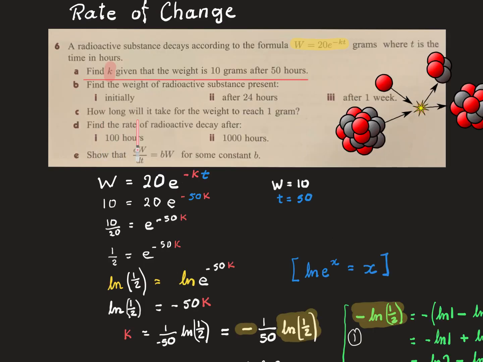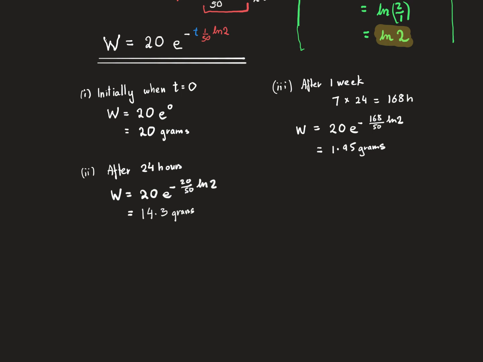And how long will it take for the weight to reach 1 gram? We'll just use that equation down below here, but we will substitute 1 gram for the weight. So 1 is equal to 20 e to the minus t over 50 ln2.